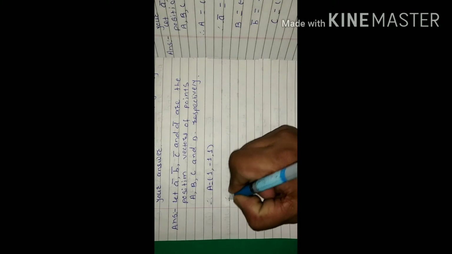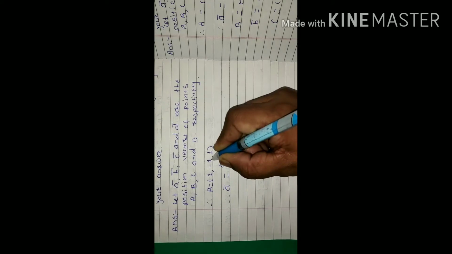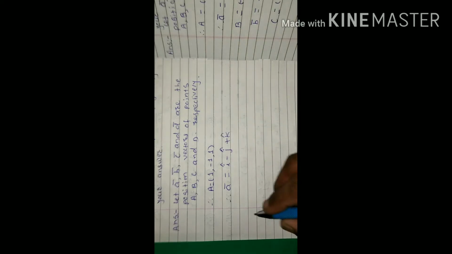Then the point A is equal to 1, -1 and 1. Therefore the position vector of A, that is small a bar, is equal to i cap minus j cap plus k cap.